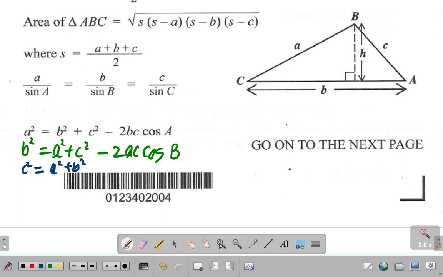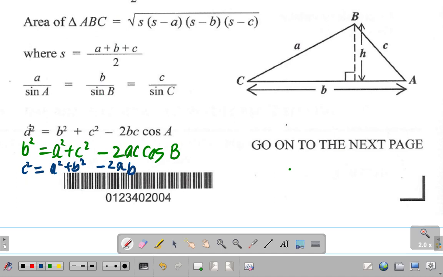Remember, it's A, B, C. So for the squared part, you have the three sides squared. C squared is equal to A squared plus B squared minus 2AB. Notice it's B squared plus C squared is 2BC, A squared plus C squared is 2AC, A squared plus B squared is 2AB.